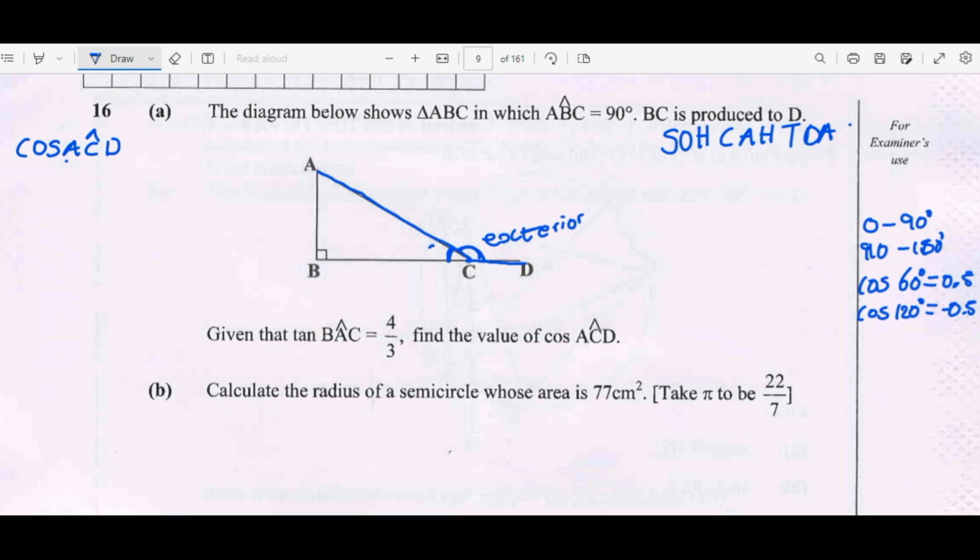The angle of consideration, we are going to find this angle, the interior. So if this angle theta is here, then this distance will be opposite, adjacent, and hypotenuse. Now, we can see that we don't have the numbers, but how can we use the given information, given that tan BAC is equal to this?